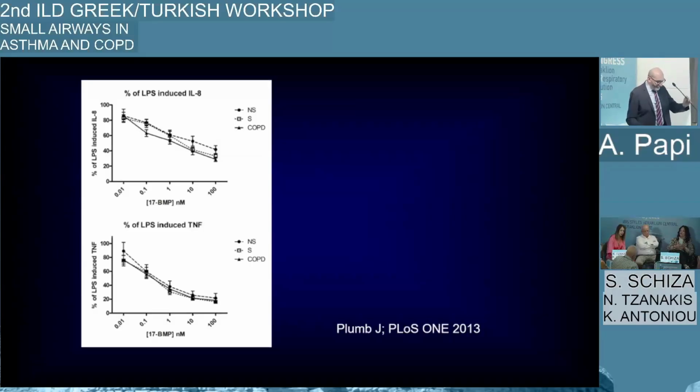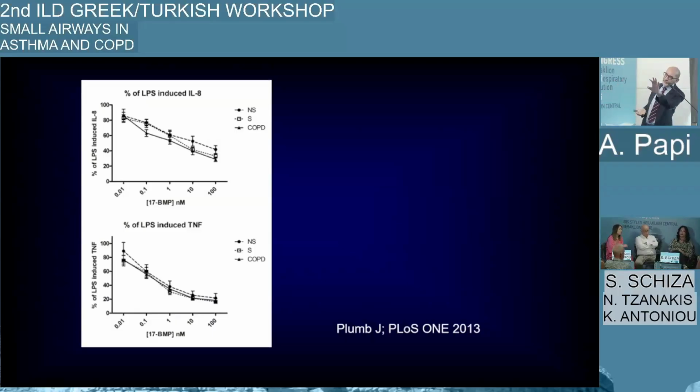This is corticosteroid efficacy on inflammation in peripheral airways. What you can see here is a nice dose response curve of 17-beclometasone monopropionate against LPS-induced interleukin-8 on the y-axis, on cells obtained by BAL, so they are really peripheral airway cells.